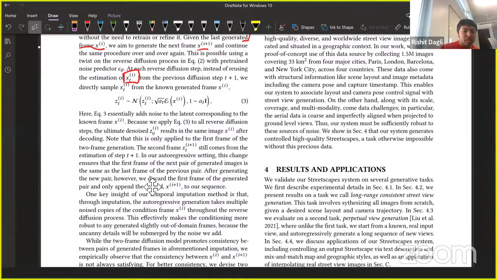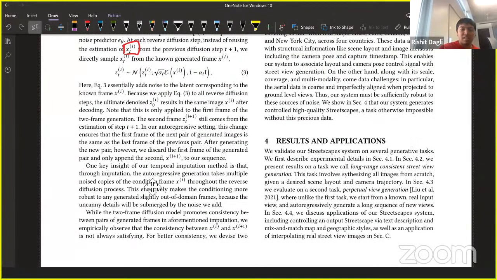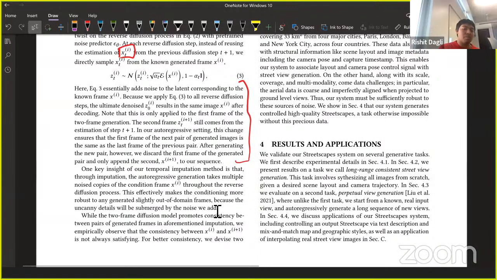In this they just formalize what I was talking about. And then they say that this also helps because even though doing temporal imputation is not perfect, throughout the reverse diffusion you have slightly more noise, slightly less noise, and slightly different features due to that which are being rendered.